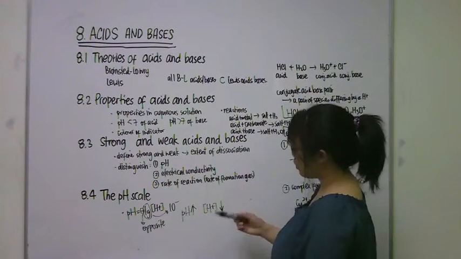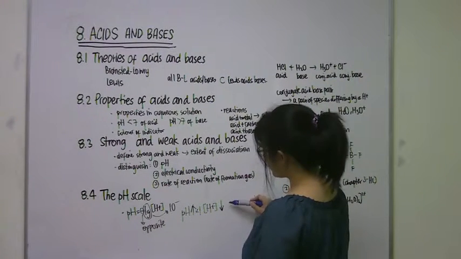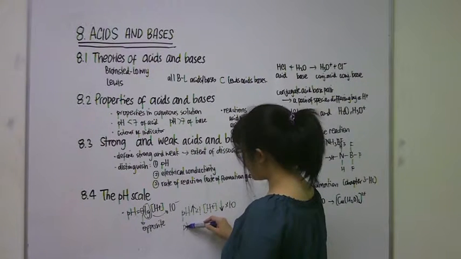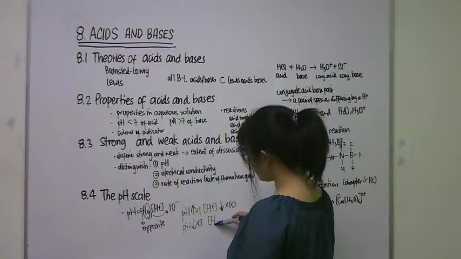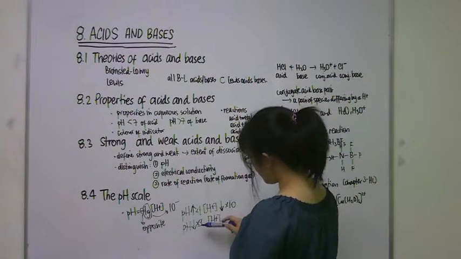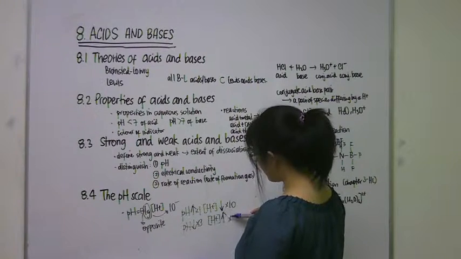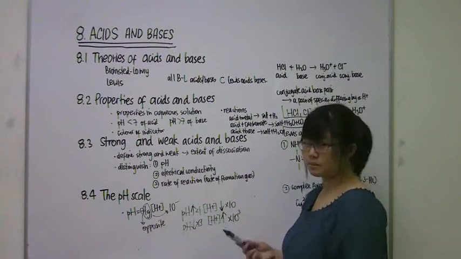So when the pH increases by 1, the H plus concentration will decrease by 10 times. When pH decreases by 3, for example, the H plus concentration will increase, by 10 to the power of 3 because of the logarithm.